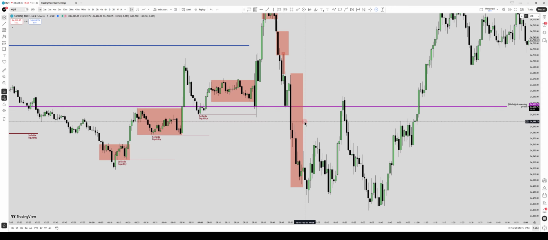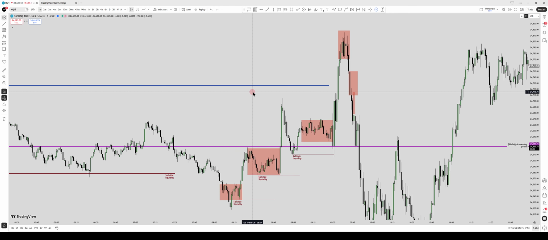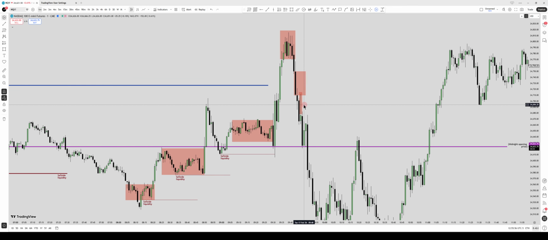All right, so as you can see, there's time aligned, liquidity swept, prices in premium, liquidity was swept, prices in premium, this is also in premium. We got it formed on the 25% quadrant of the bottom wick. We have obvious targets of liquidity.